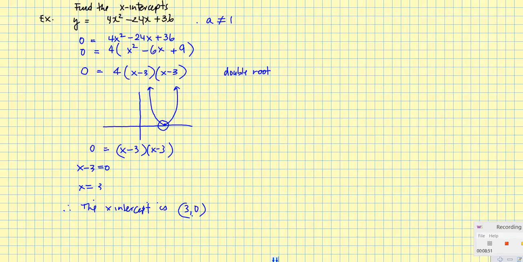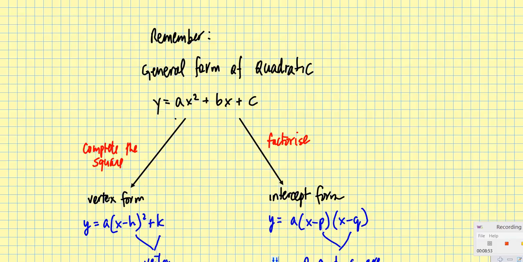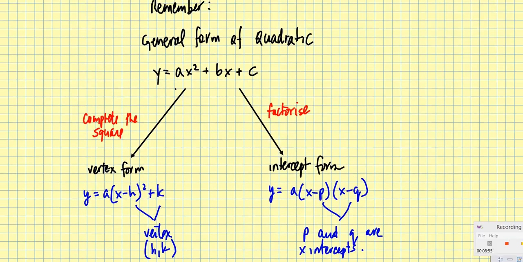Okay. Now, we looked at completing the square when we want to go to the vertex form, and now we've discovered that when we want to get to the intercept form, we need to just factorize.